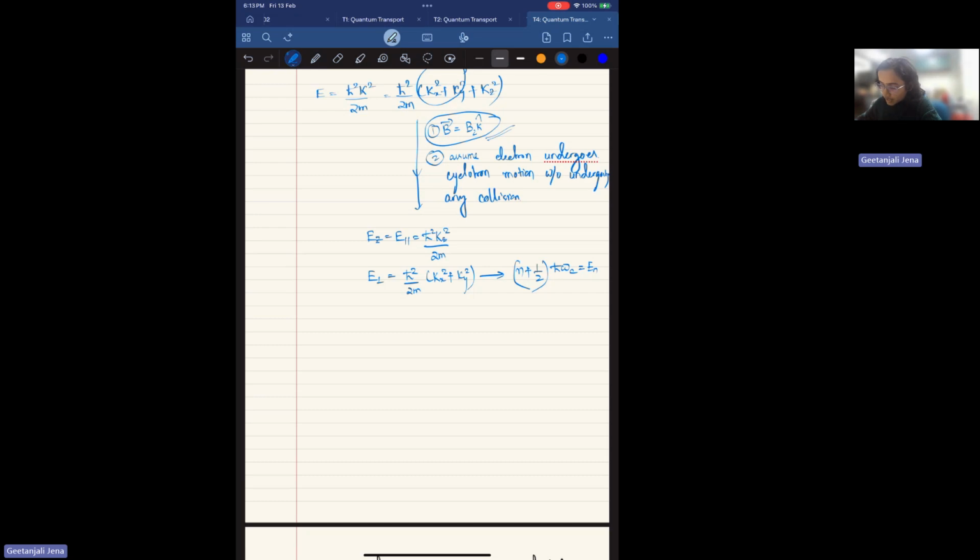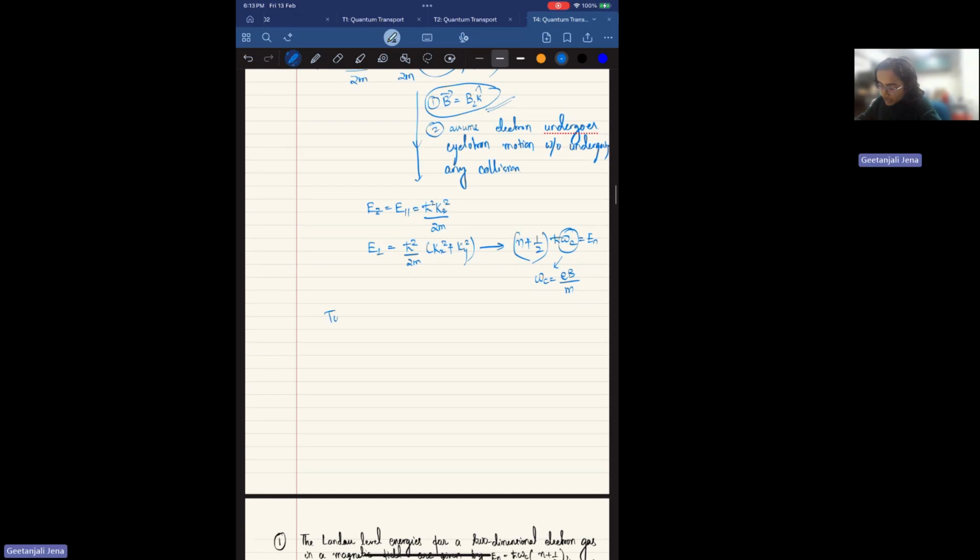So kx and ky are no longer independent; the cyclotron motion in the xy plane makes kx and ky dependent on each other. So E perpendicular will be (n plus half) h cut omega c, where omega c is the cyclotron frequency, which we can write as eB by m or m star.